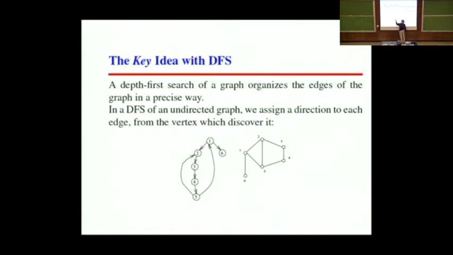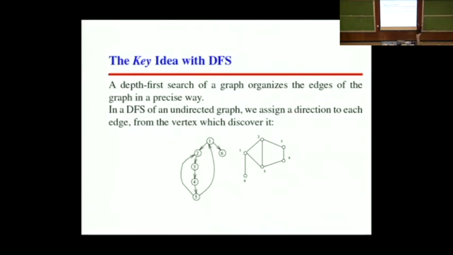This edge from 1 to 5 is in the adjacency list of 1. When the recursion gets back from 2, it's going to process that edge 1, 5. But the recursion at 5 is going to clear through all of its neighborhood before it gets its attention back. So the edge is going to be a back edge and not a forward edge. Any questions about that?